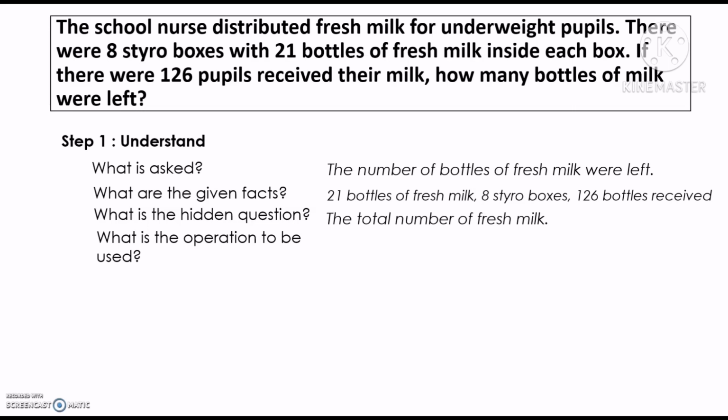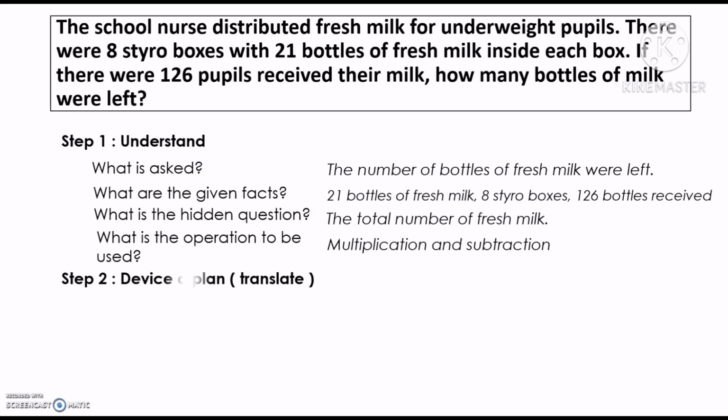How about your hidden question? You have the total number. Maybe you can make use of addition, but as I mentioned, you can make use of multiplication to make it faster or shorter. Therefore, the operations involved are multiplication and subtraction.